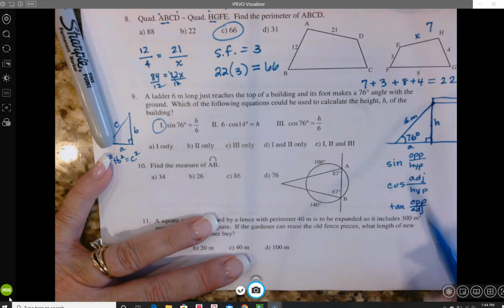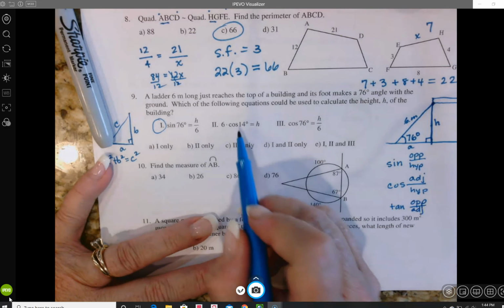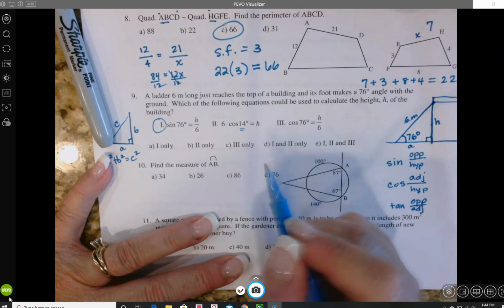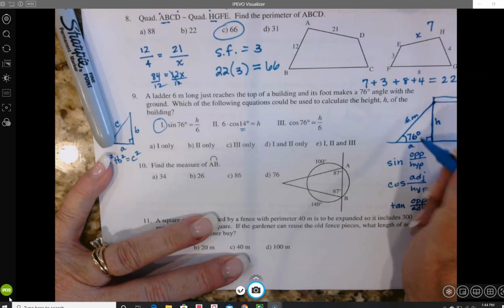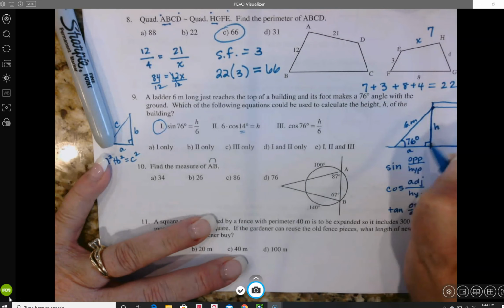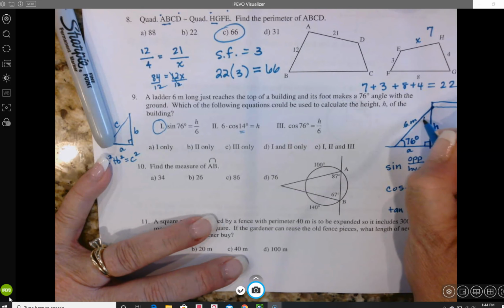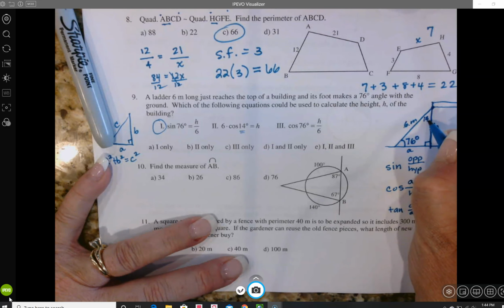So the only other one that I'm looking at is choice B, and I'm wondering, where did they get this 14 degrees from? Well, in any triangle, the three angles have to add up to 180. So if I do 180 minus 76 and 90, I do find that this right here is a 14 degree angle.